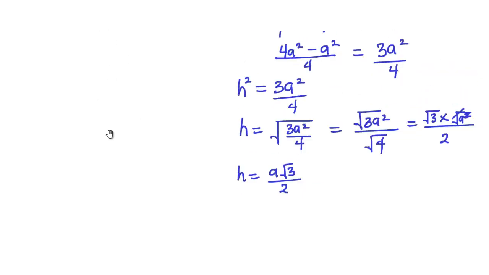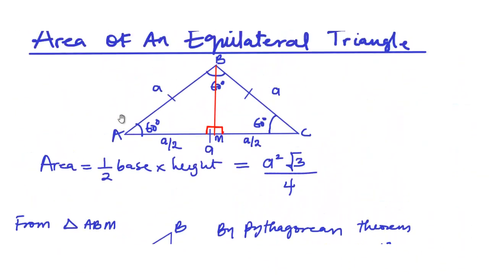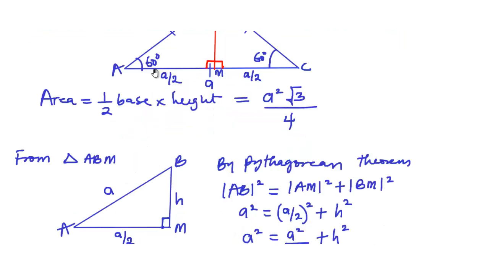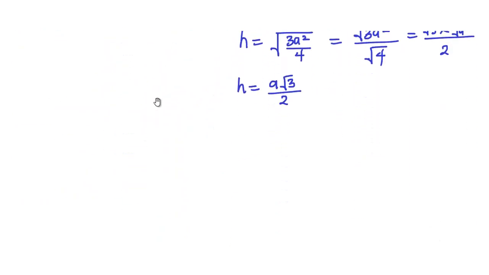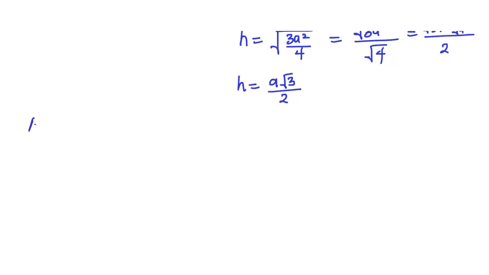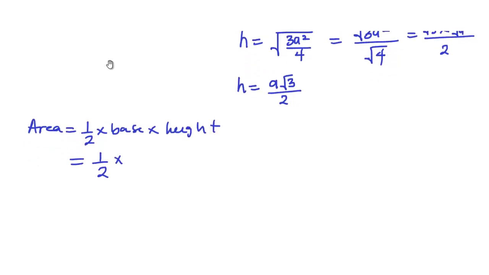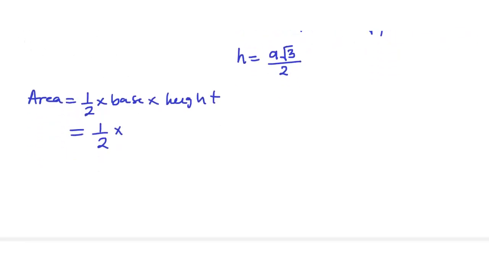Having gotten that, let's come back to what we have here. What is the area? Area is half base times height. So area is equal to 1 over 2 times the base, which is A, times the height, which is A root 3 over 2.